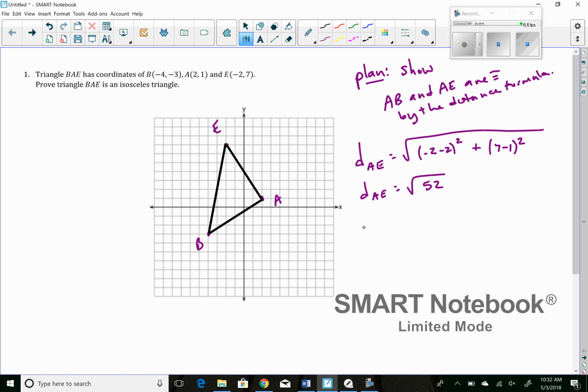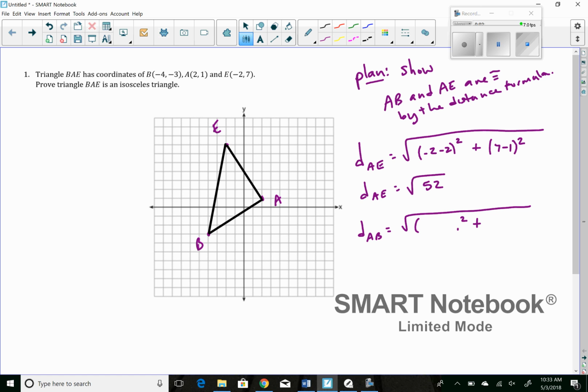If I find the distance from A to B, which I think is also the same, so from A to B, I look at my x values are going from -3 minus 1 squared, and those are the y values. Let's do this the right way.